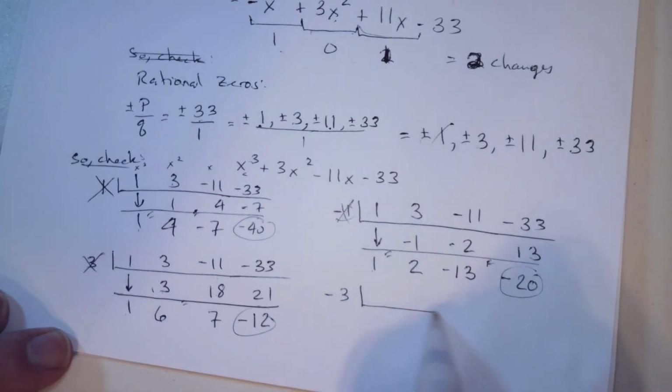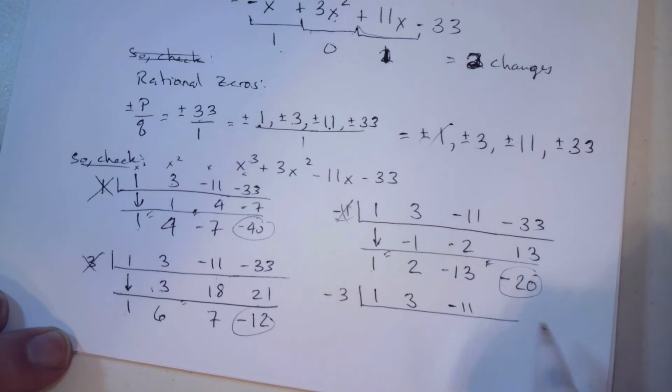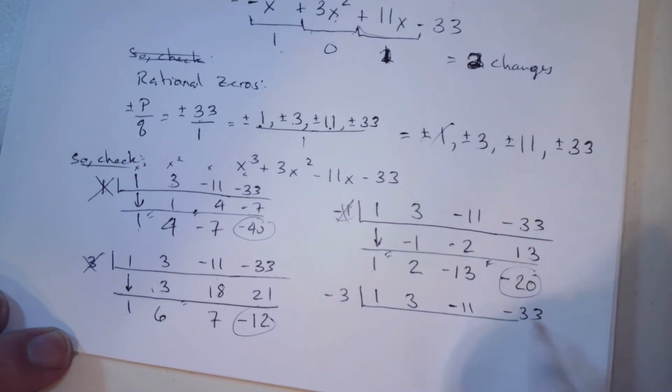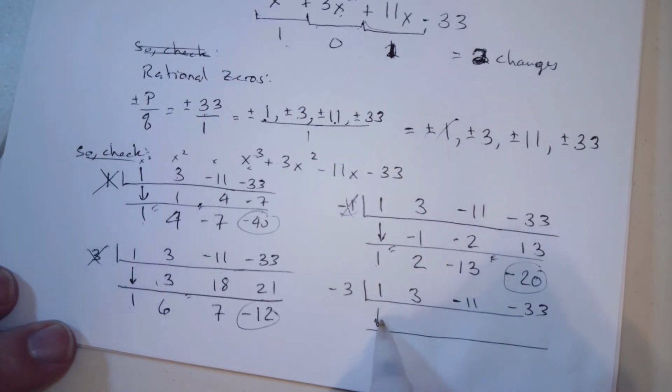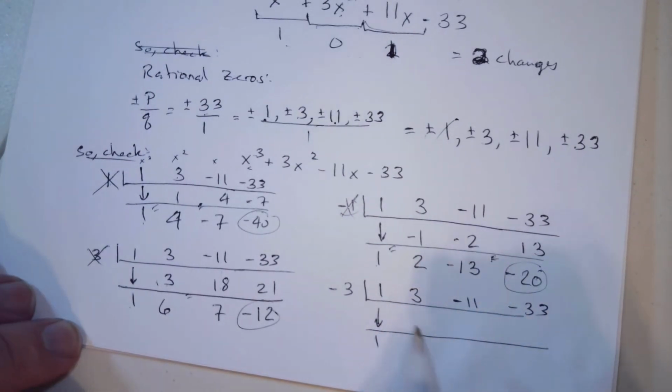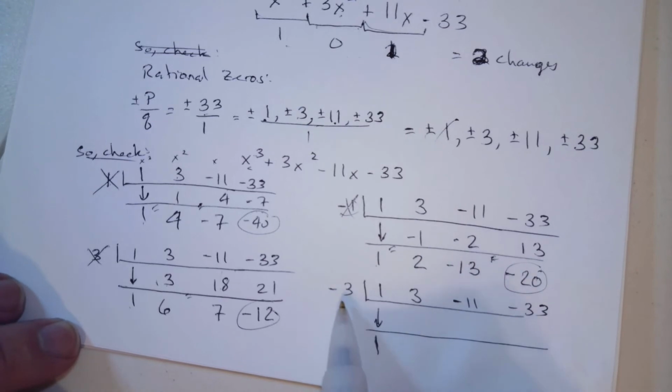Let's try negative 3. 1, 3, negative 11, negative 33. Bring down the first one, we get 1. Multiply. Negative 3 times 1 equals negative 3.